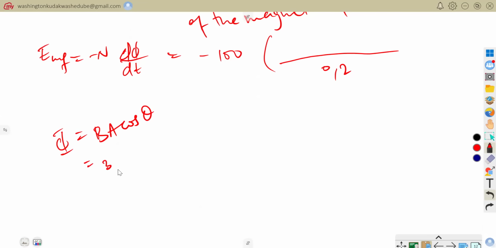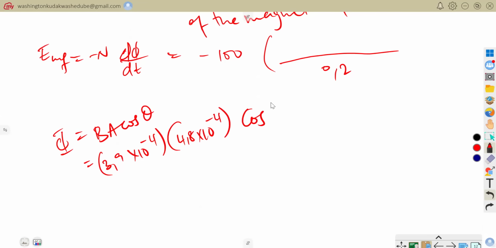So I would say 3.9, which is the given magnetic field, so it will be 3.9 times 10 to the power negative 4 times the area. The area is given as 4.8 times 10 to the power of minus 4 as well.